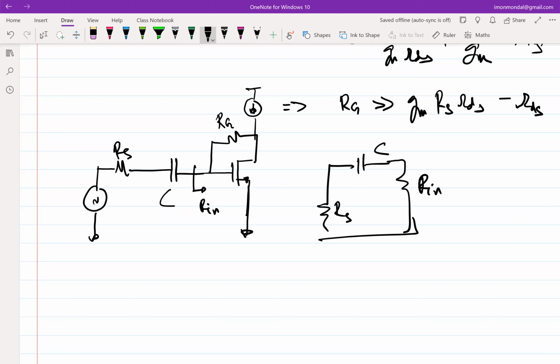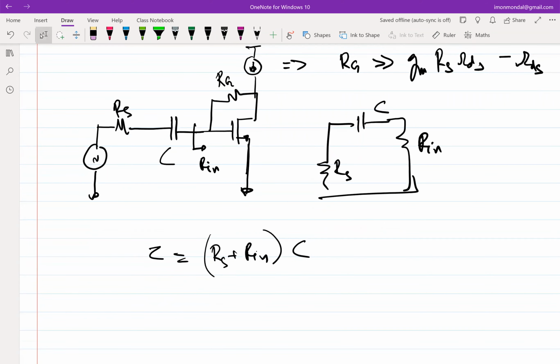C should be high, right? So what is the time constant here? Tau is C into RS plus Rin, into C.